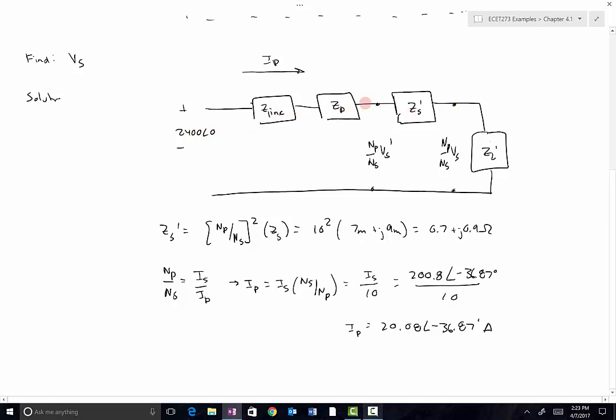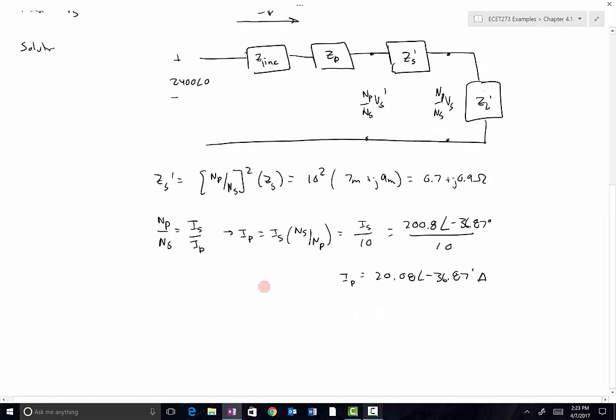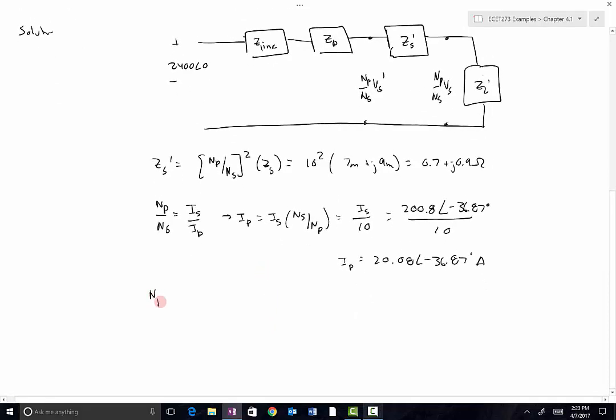So NP over NS times VS is equal to 2400 at angle 0 degrees minus IP, the current flowing through those series elements, times the sum of those three: Z line plus Z primary plus Z secondary referred.